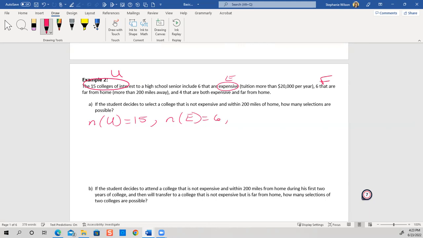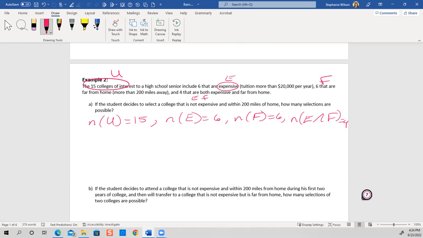Far away we'll call F, so the number of elements in F is 6. And both is E and F: the number of elements of E intersect F, and the word and goes with intersection, is 4. Don't leave that number off. Now that I know that, I can start solving for how many selections are possible.